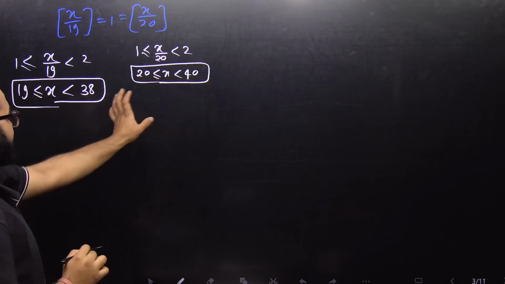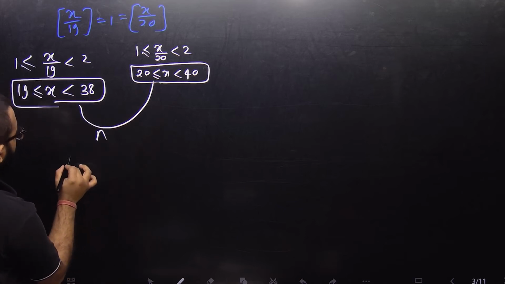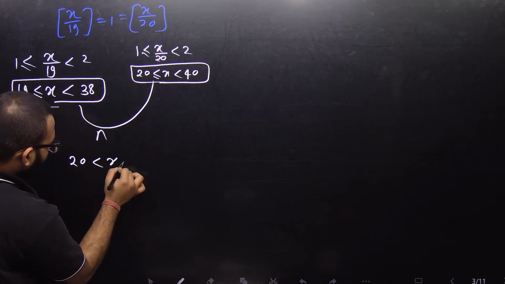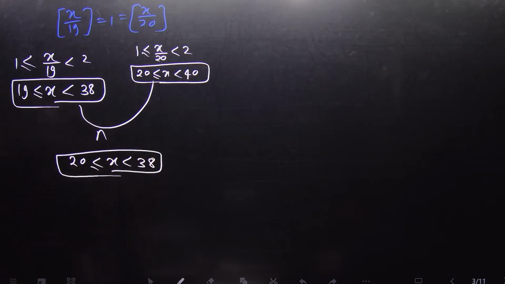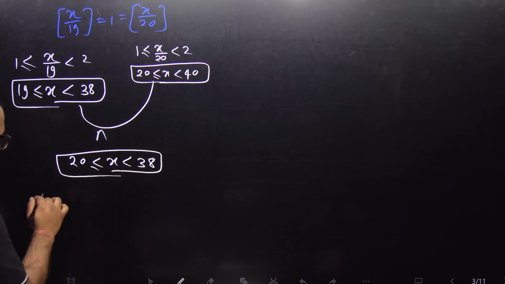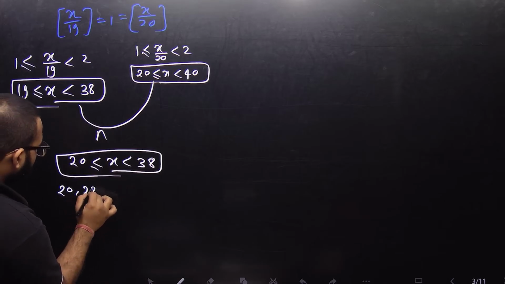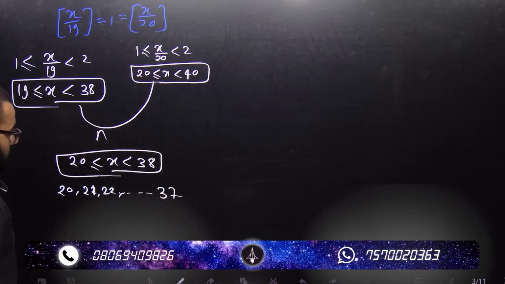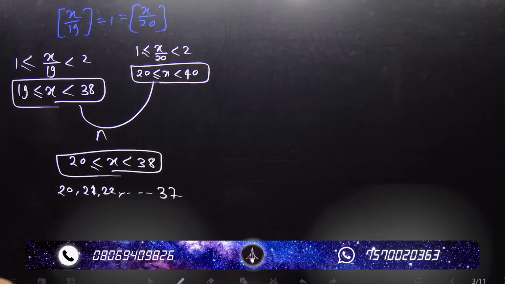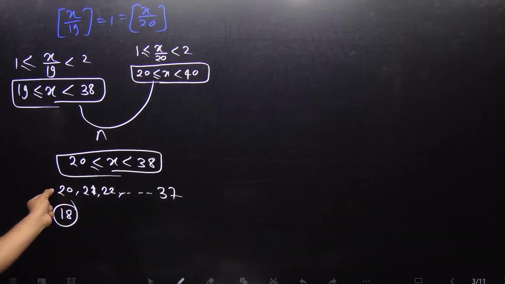So let's take the intersection. If we take the intersection, then we get x lies between 20 to 38. All right. So the number of positive integers between 20 to 38 is 20, 21, 22, up to 37. So there are 18 positive integers between 20 to 37.